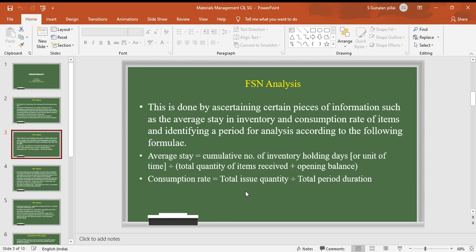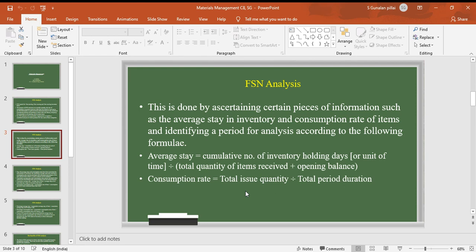So the average stay of a product in a particular store or cabin is calculated by the cumulative number of inventory holding days divided by the unit time, total quantity of items received plus opening balance.